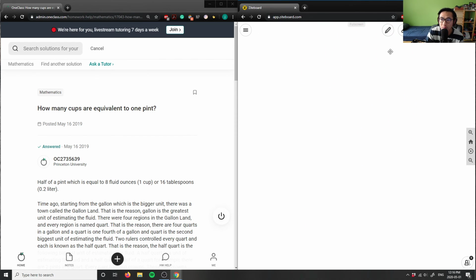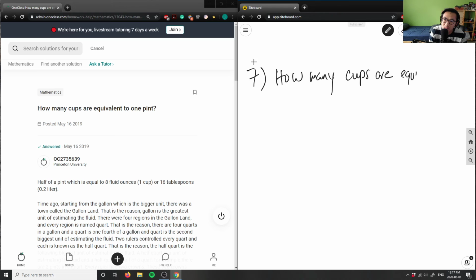Number 7. I might have to add more questions to the stream as well, just because we are kind of speeding through this. So it says, how many cups are equivalent to 1 pint? So again, we have to write out our conversions.